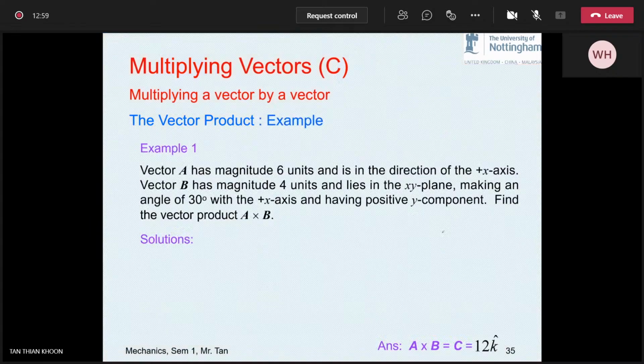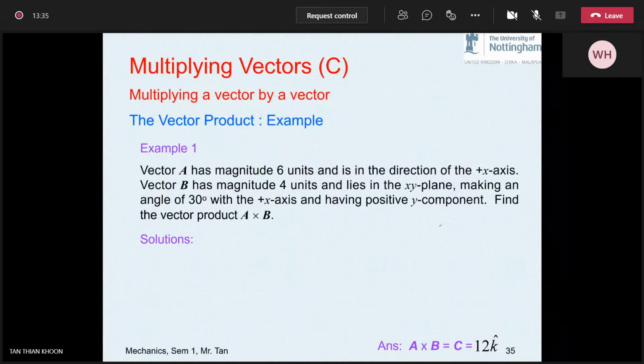So this is the first example. Vector A has a magnitude of 6 units in the positive x-axis, and B has a magnitude of 4 units in the xy plane, making an angle of 30 degrees with the positive x-axis.